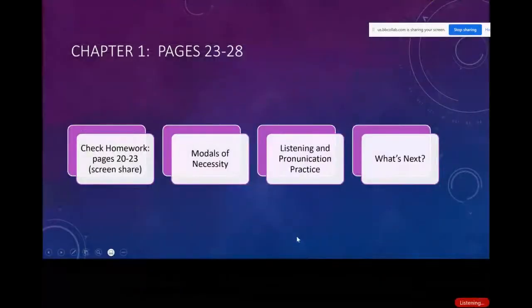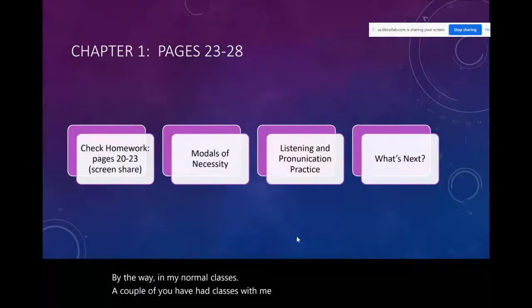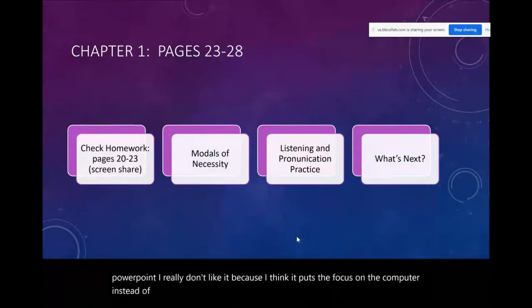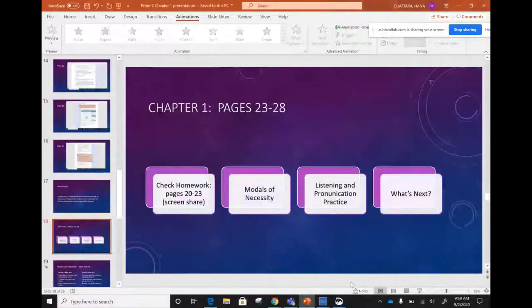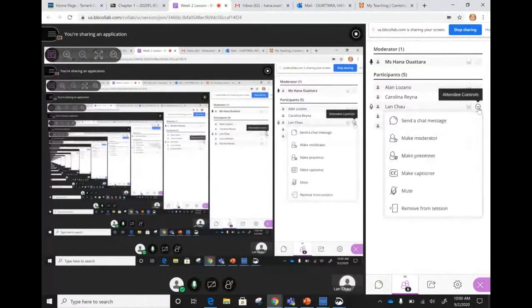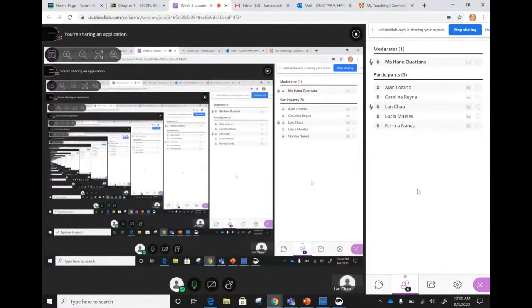And by the way, in my normal classes, a couple of you have had classes with me before on campus. I never use PowerPoint. I really don't like it because I think it puts the focus on the computer instead of on us as a class. But because this is an electronic class that we're doing, I have to use it.